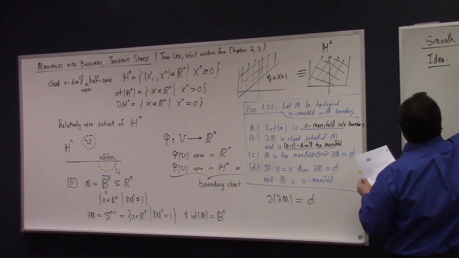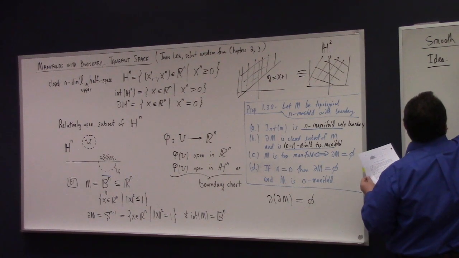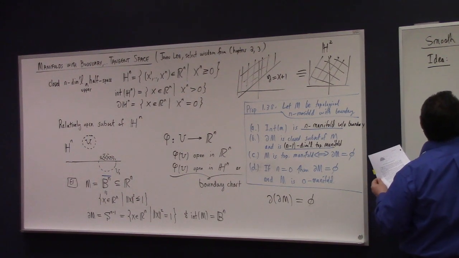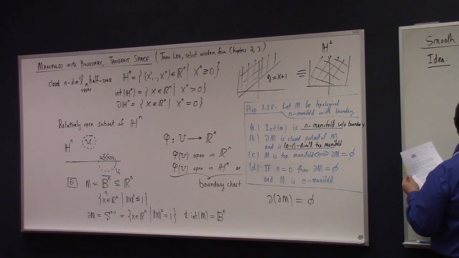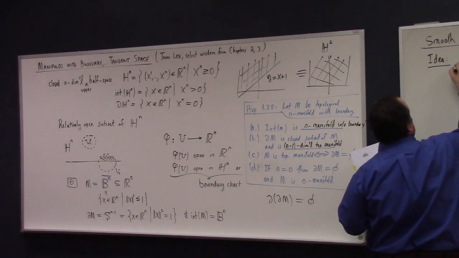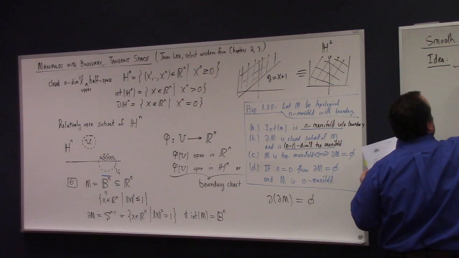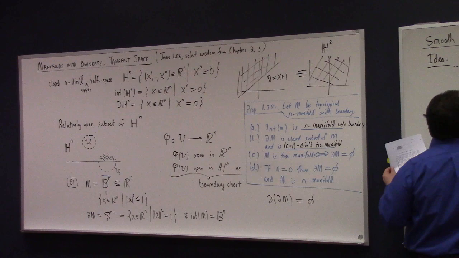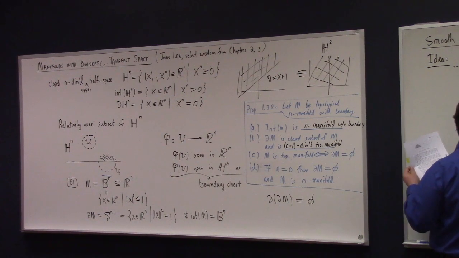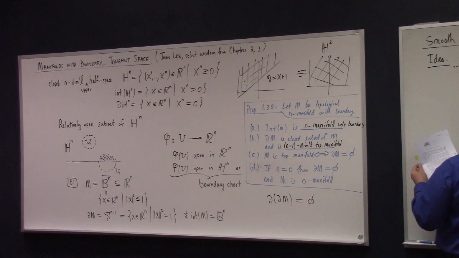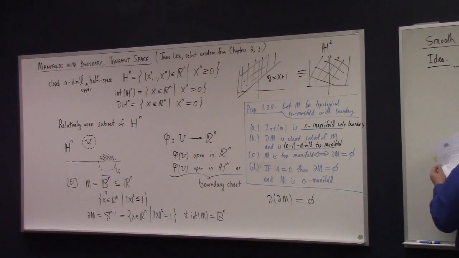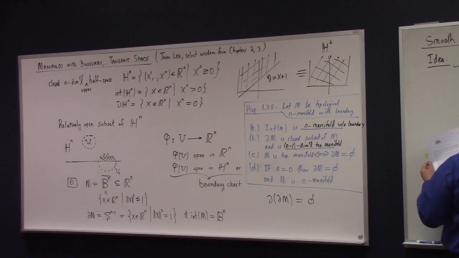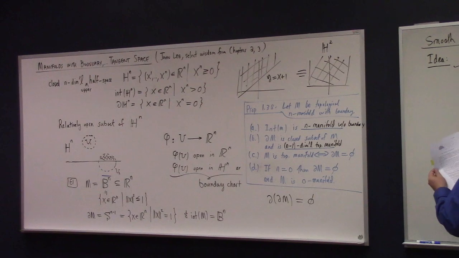If you have F, a mapping from C, which is some closed subset of Rn, to Rm, then this is smooth if there exists F tilde, a mapping from U tilde, a subset of Rn, to Rm, where U tilde is open, containing the closed set C.